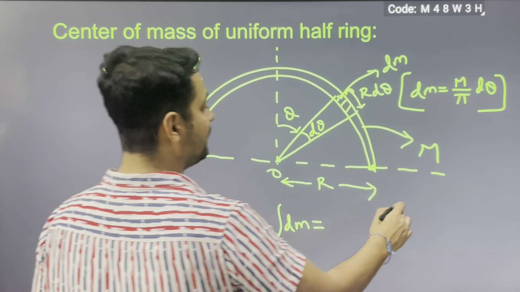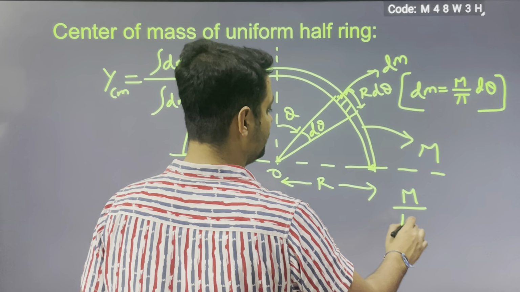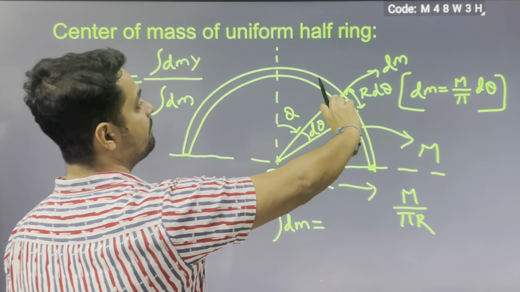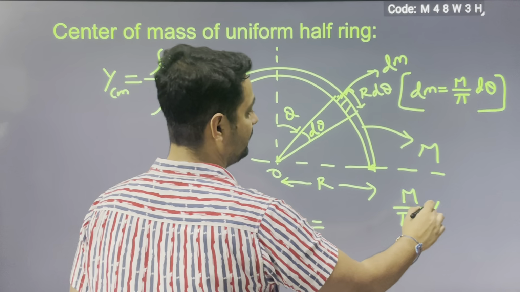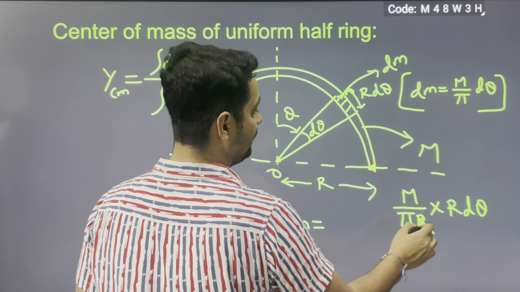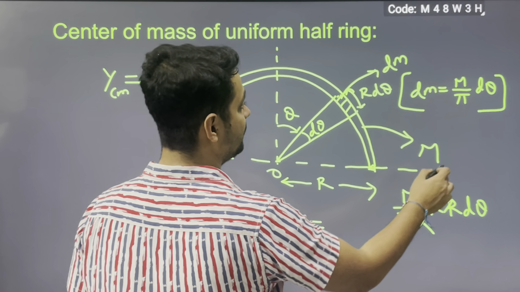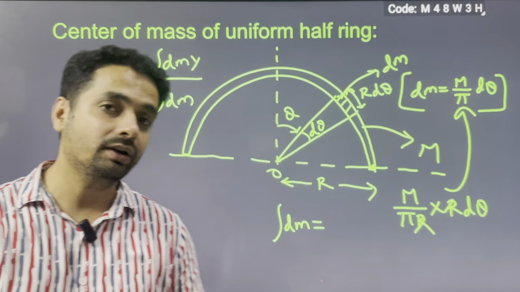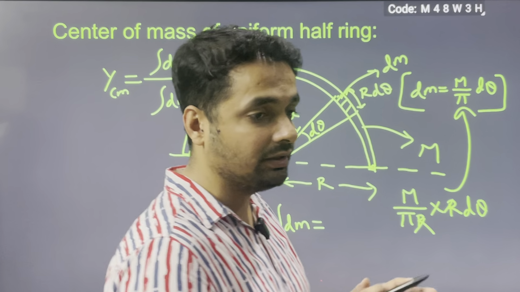So I can write m divided by pi r as mass per unit length. And I am finding the mass on the r d theta length, so I multiply by r d theta. If I cancel this r, it remains m by pi d theta. Because the mass is distributed over its length, keep this in mind whenever you are finding a dm.